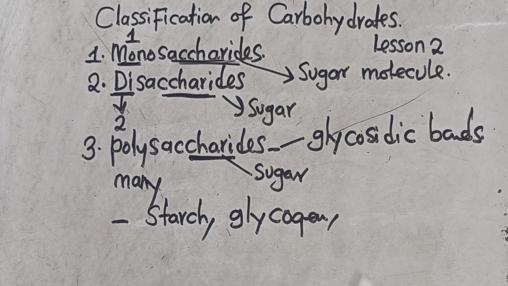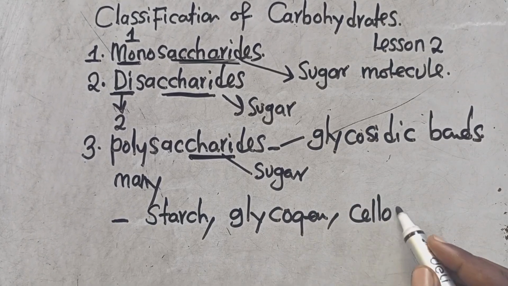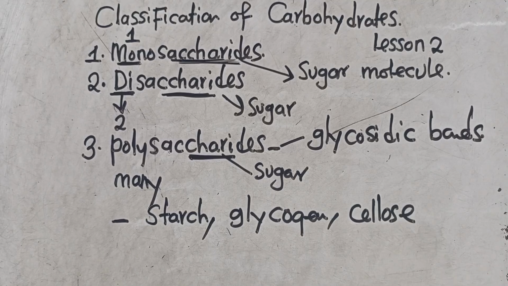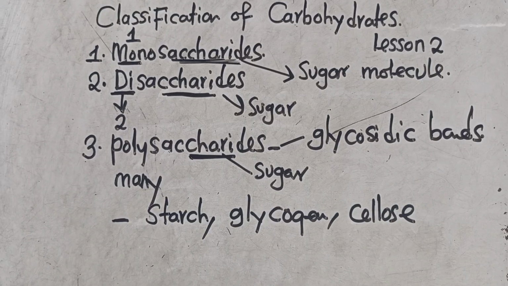They also include cellulose, chitin and pectin. All those are examples of polysaccharides, because they contain many sugar molecules. We are basing these on sugars.